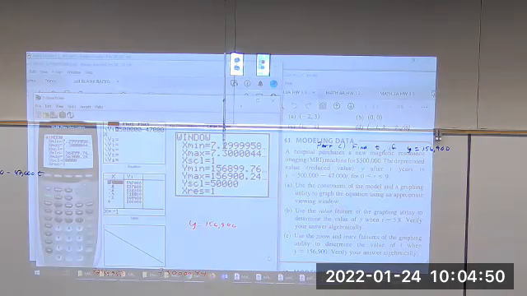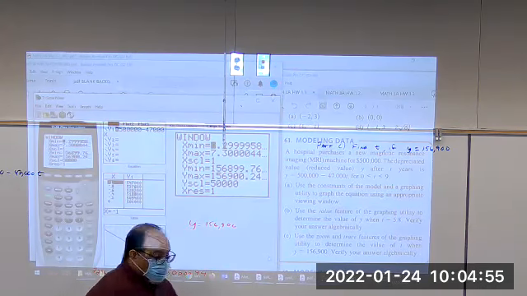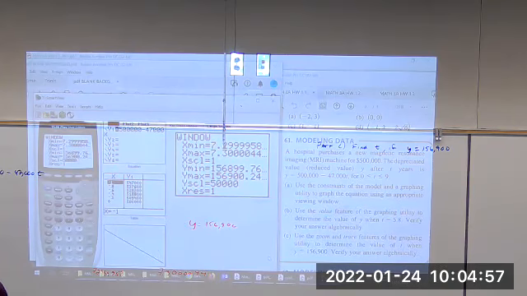Now, the last part of the question says verify the answer algebraically. Algebraically just means that y equals 156,900.